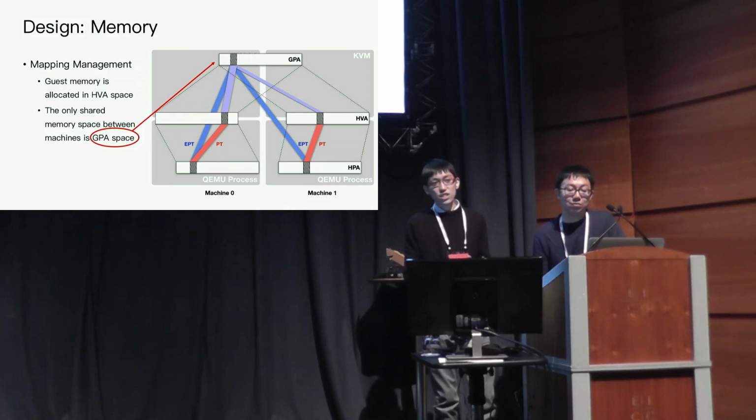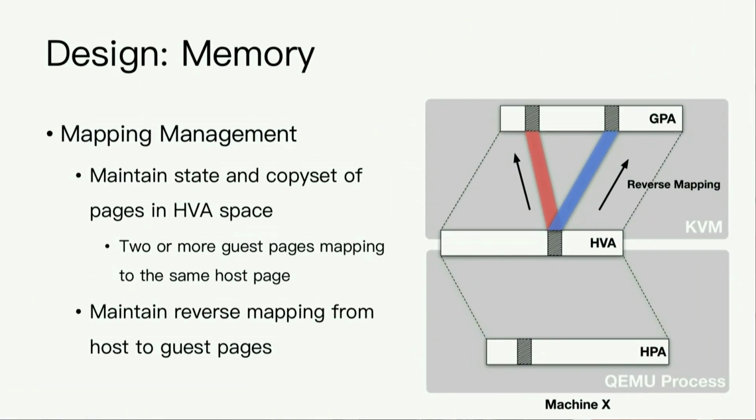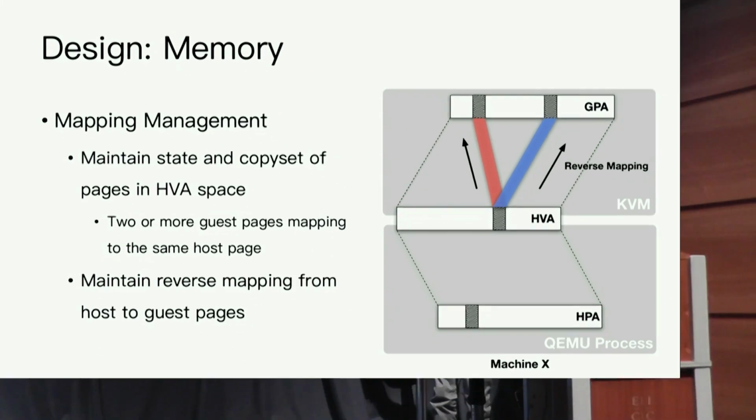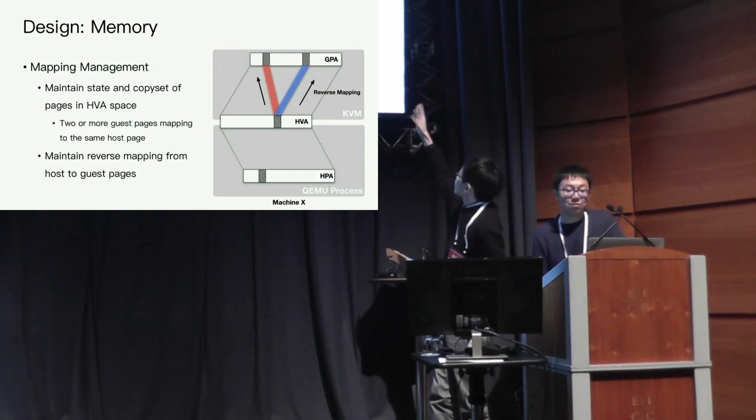And one may think that we should associate the states and copy set with pages in GPA space. It turns out it is not like this, because there can be pages in HVA space that correspond to multiple pages in GPA space.